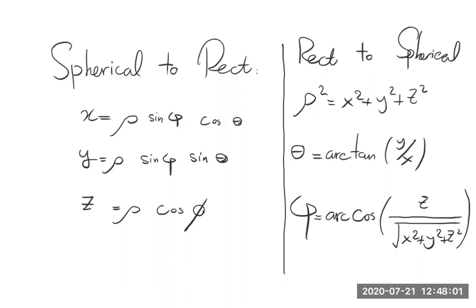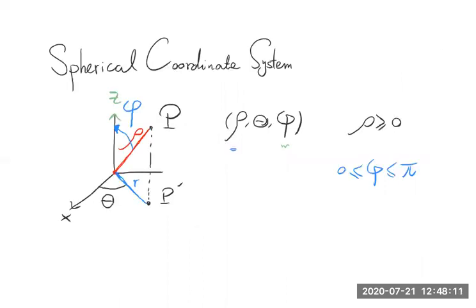Now, I should just say one thing, especially for the people who do physics. Here, the first number rho shows the distance between the point and the origin. The second number, theta, shows this angle. The third number, phi, shows this angle.